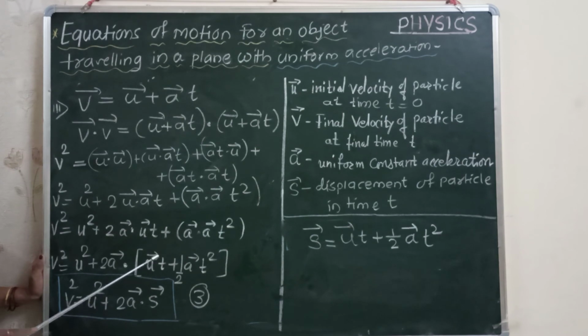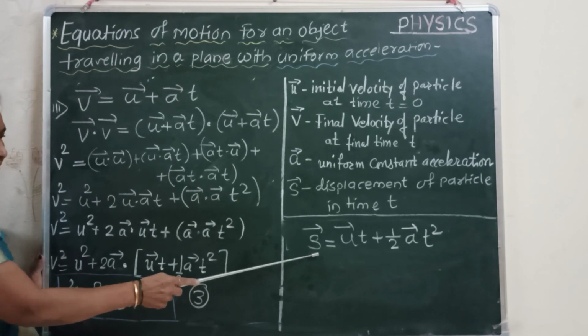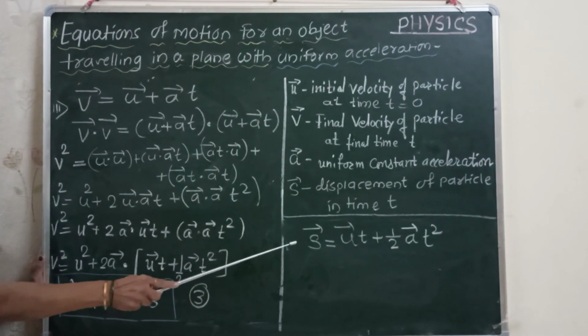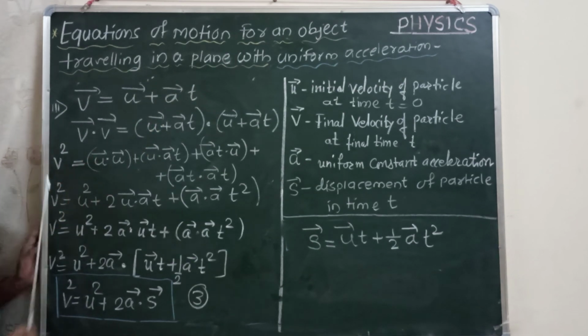But this ut plus half a into t square, what does it give us? It gives us the displacement of the particle. So this term is replaced by s in this equation, and we get the last equation, v square is equal to u square plus 2a bar dot s bar. This equation is the third equation of motion for an object traveling in a plane with uniform acceleration.